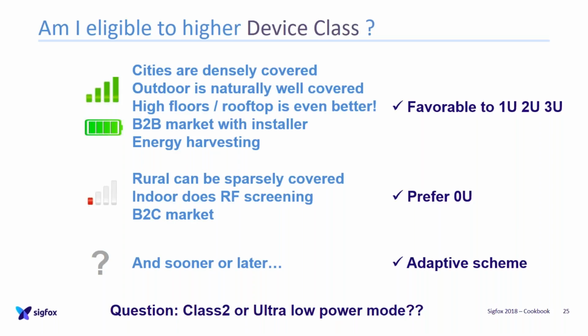As a radio engineer, I would always prefer to maintain the same link budget and cut off the time diversity. So if I need the energy budget, I will go for the ultra low power mode, which is a protocol implementation, rather than class 2. This will have less impact on battery, but it will allow maintaining the diversity in the system because the footprint of my device will remain.